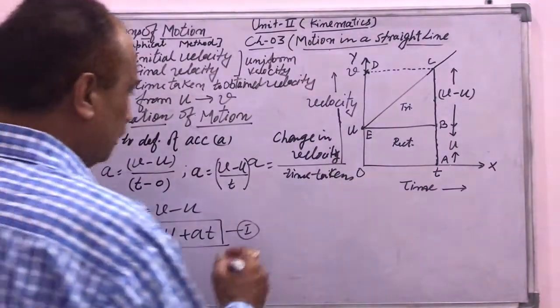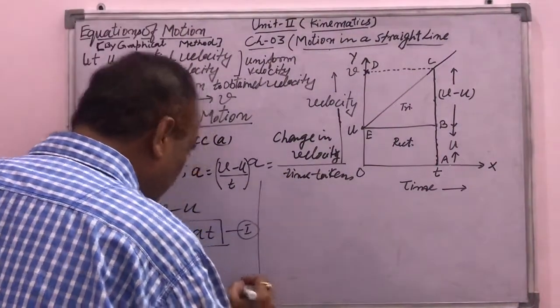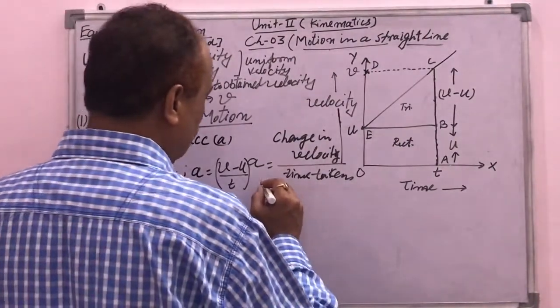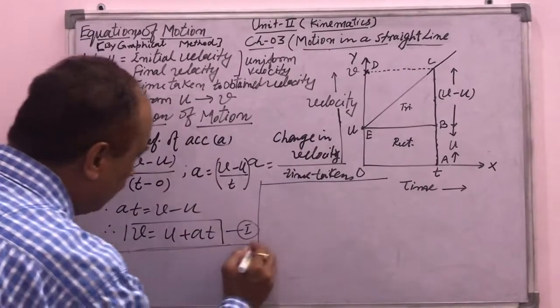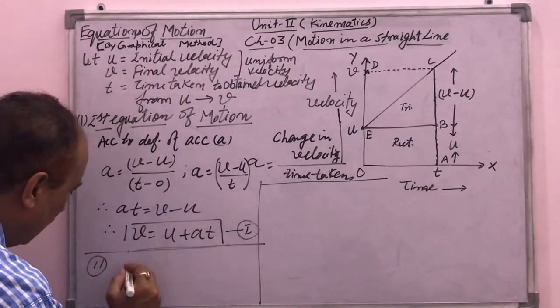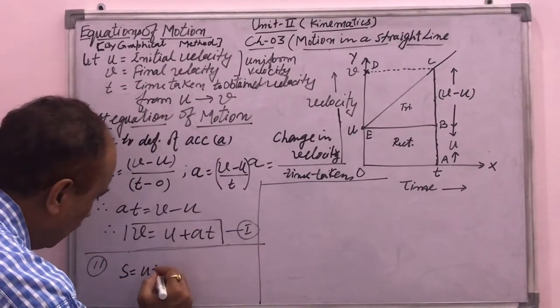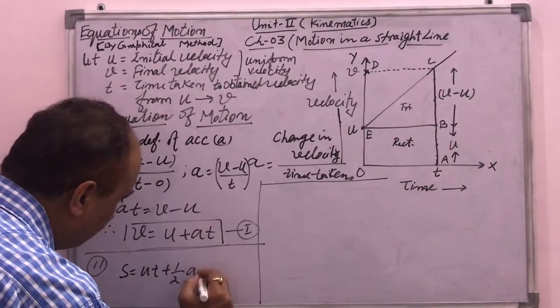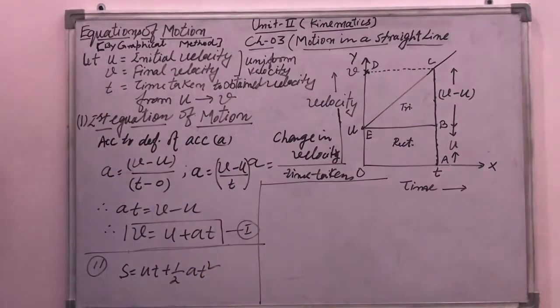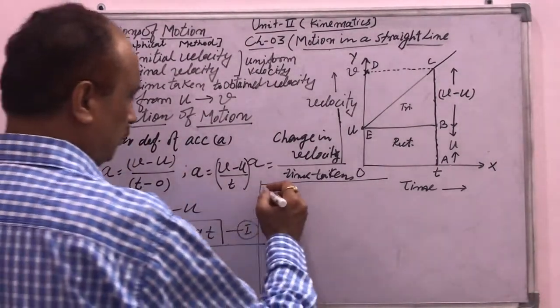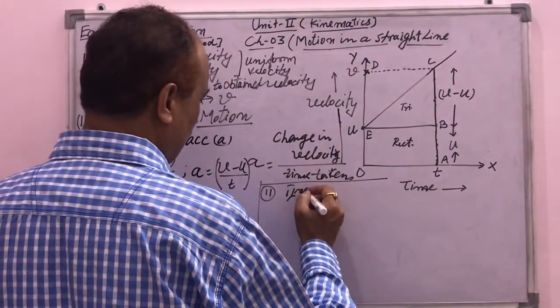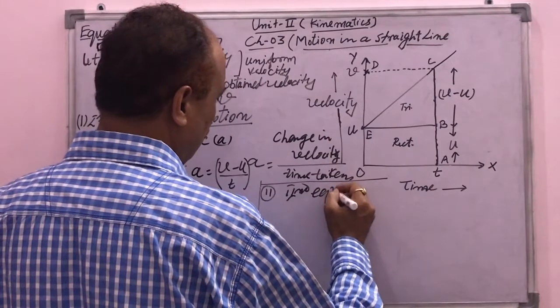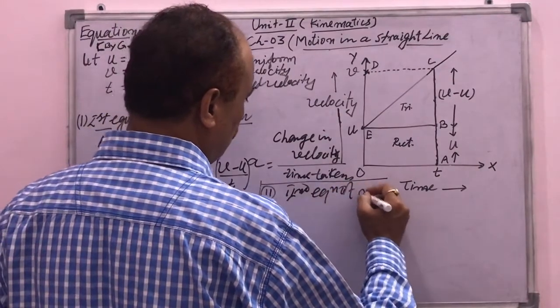Now after that, from the same graphical method, we will solve the second equation of motion, that is s equal to ut plus half at square. So we have to write the second derivation for the second equation of motion.